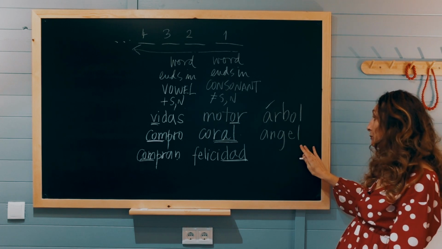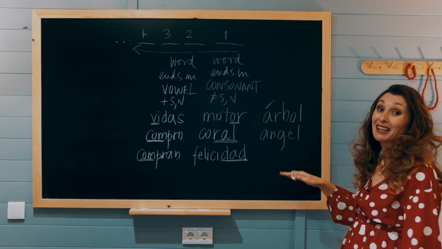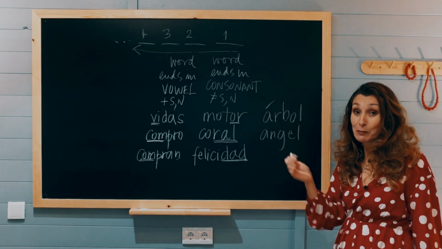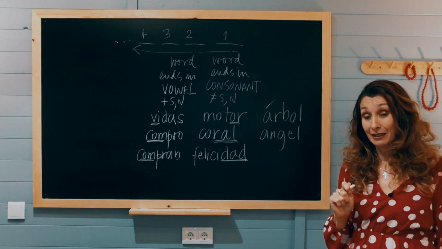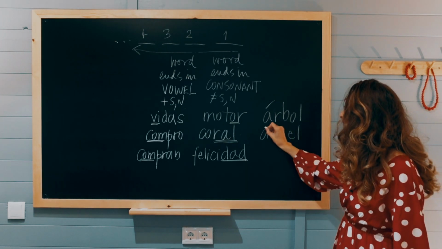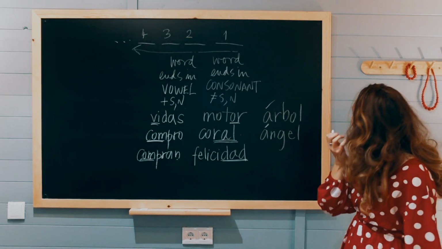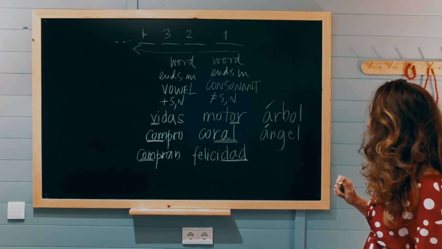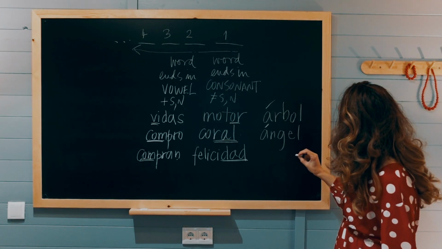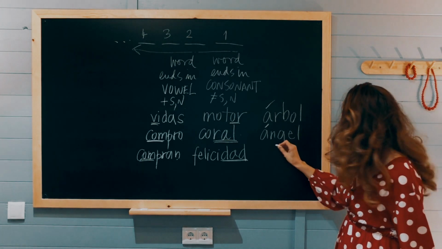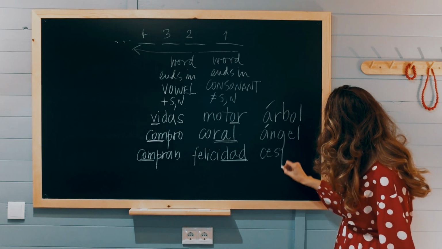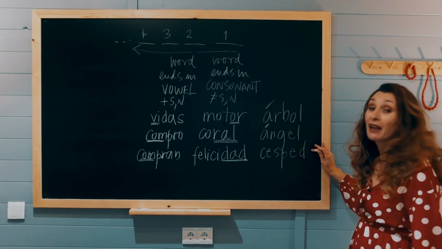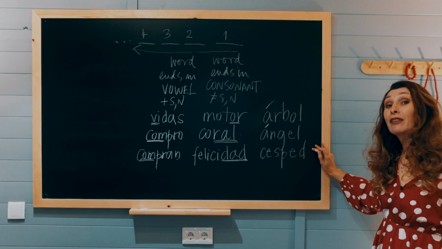Another example, similar, is an angel. Again, it ends with a consonant, and normally you would expect the Spanish to say angel, and yet it's ángel, okay? An angel or a name as well. Grass or a lawn in Spanish is césped, césped.